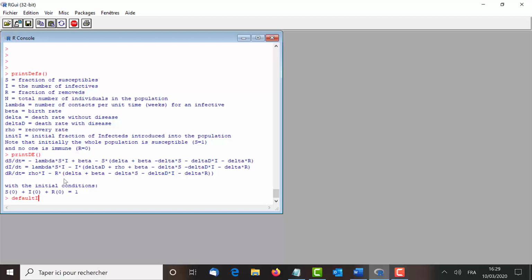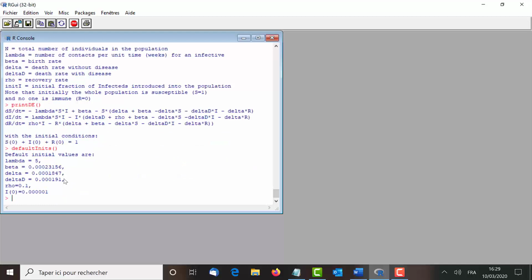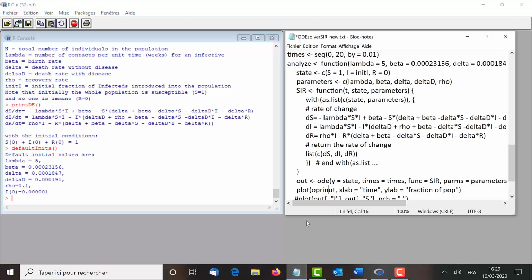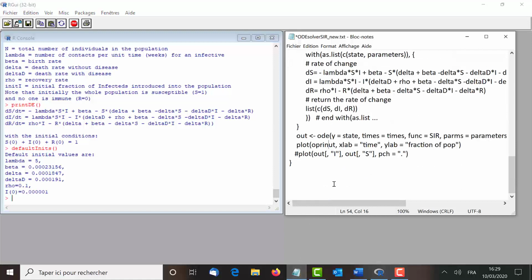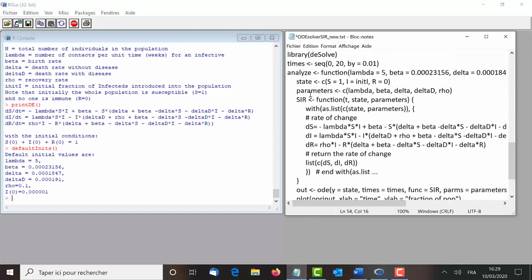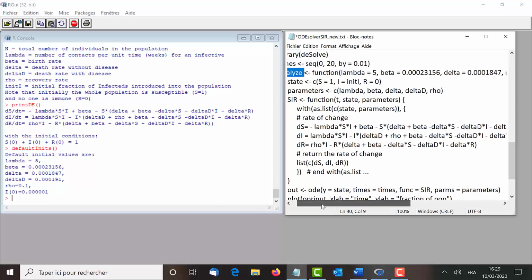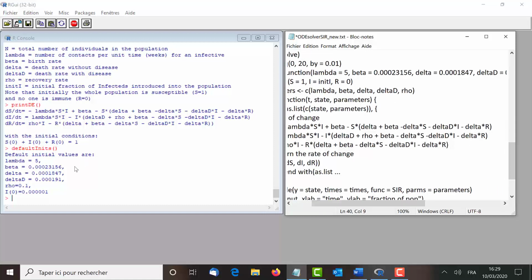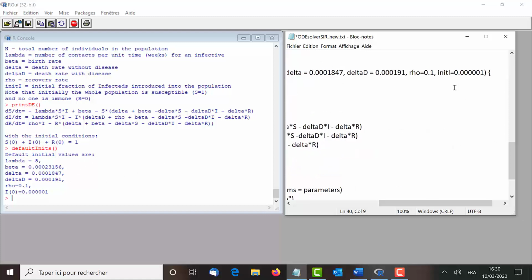Here, the default initial values, default inits, tells us what the numbers are that, by default, are going to be put into the program. So let's go back and look at the program here. Remember that the name of the program is analyze, and we have lambda, beta, delta, delta D, and rho, and I, the initial fraction of susceptibles that we put in there.